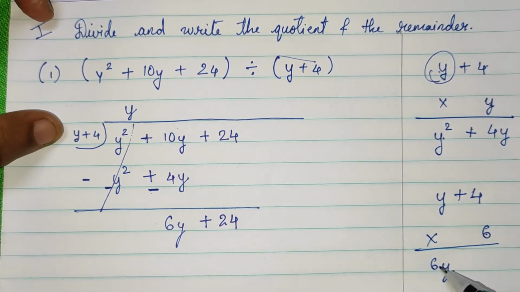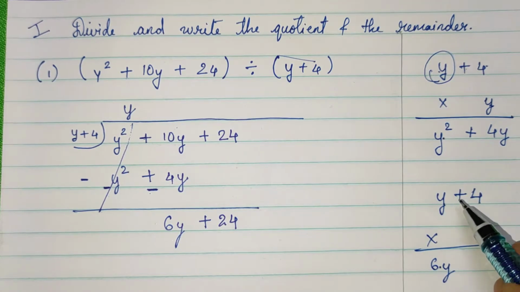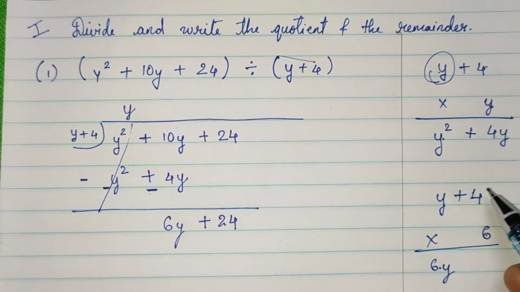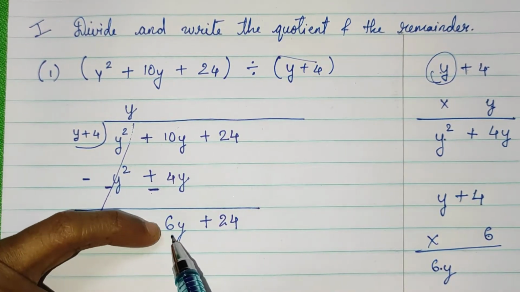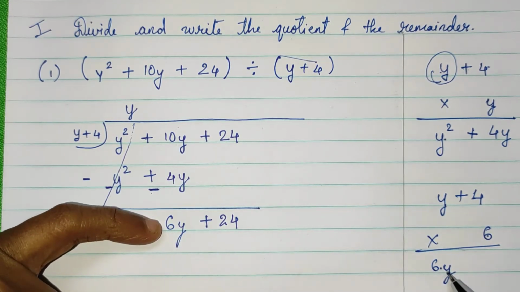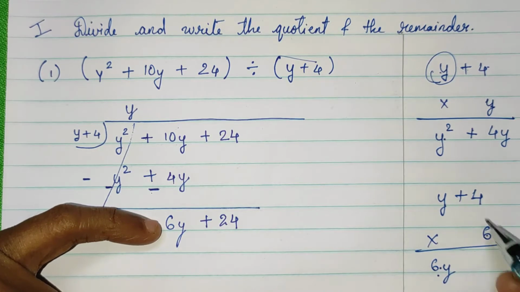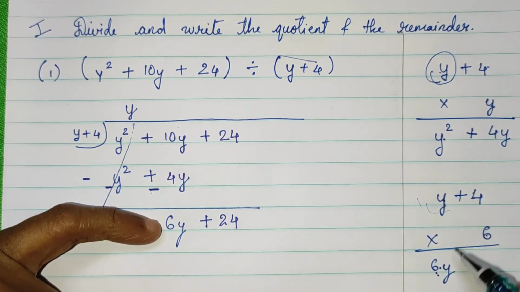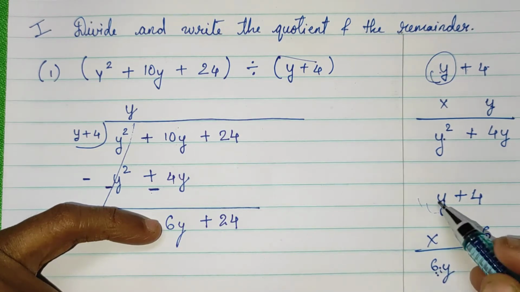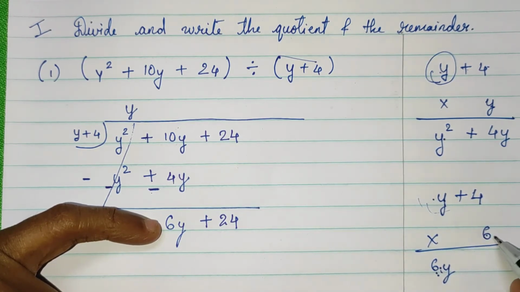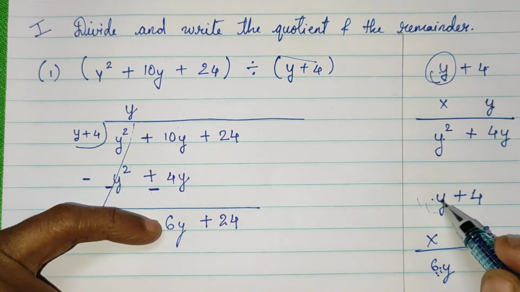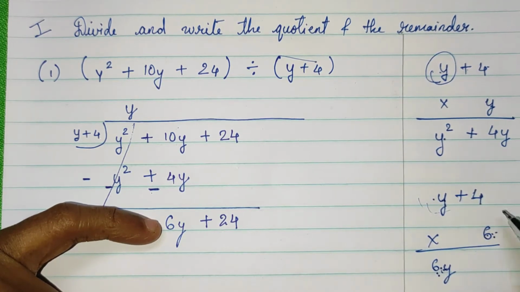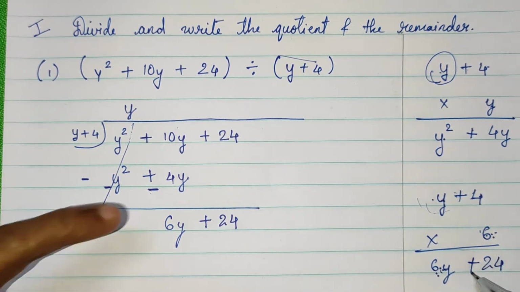6 into y, 6y. आपको क्या करना है, ये डिवाइजर को कॉपी करना है और जो भी फर्स्ट डिविडेंड का होगा जो हमको चाहिए वो यहाँ पे लिख लेना है. अब ट्रिक क्या है, इसके साथ कंपेयर करना है. यहाँ पे y है बट वी नीड 6y, so we will take 6. So 6 into y, 6y, 6 4s are 24, and plus into plus, plus.